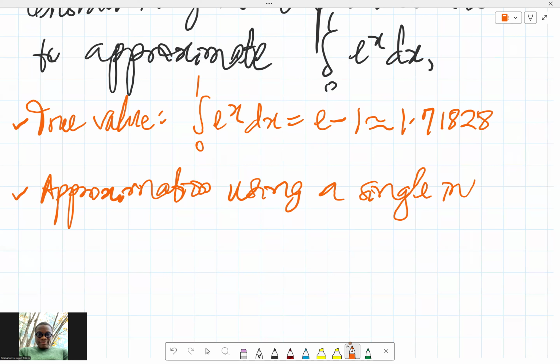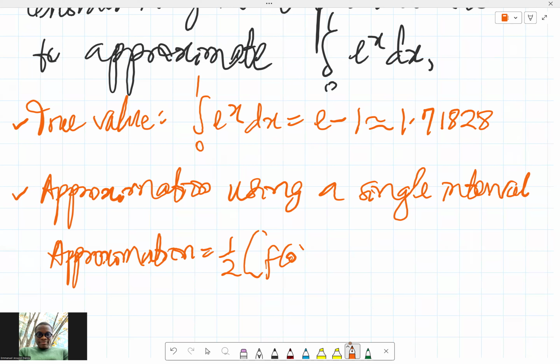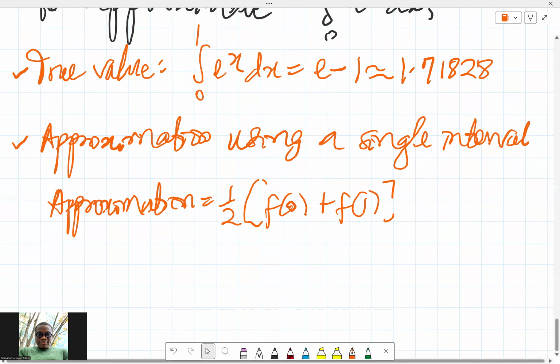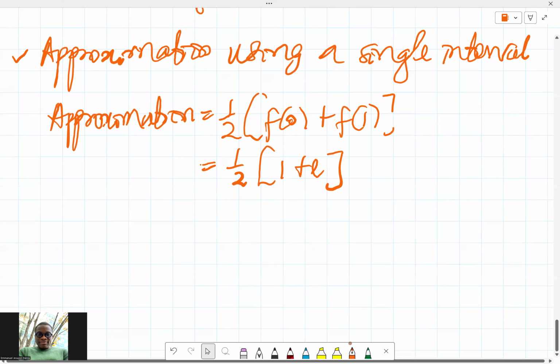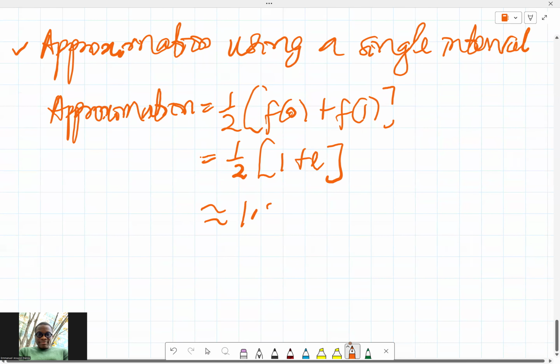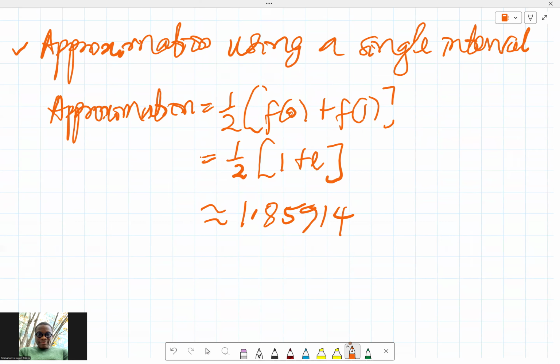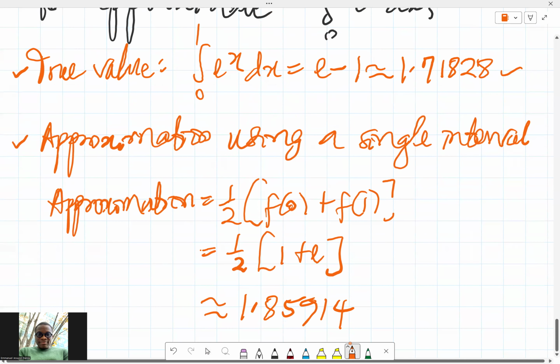In that case, the approximation is equal to half into f of 0 plus f of 1, so this is now half into 1 plus e. Everything ends up giving you approximately 1.85914. So you can see there's already error. This is the real thing, but this is the approximated thing because of the trapezoidal rule.